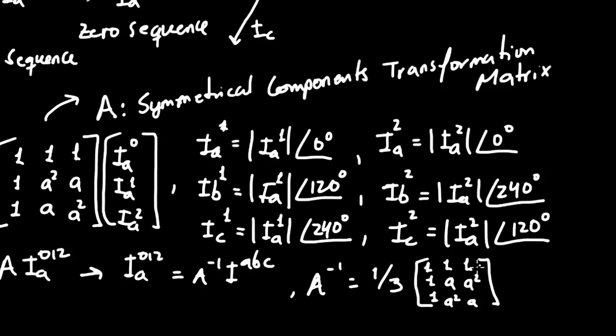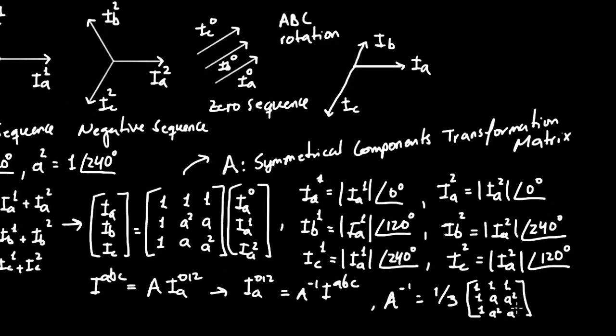So we get 1s on the first column and the first row, and then we're going to swap A squared with A in the remaining four terms.